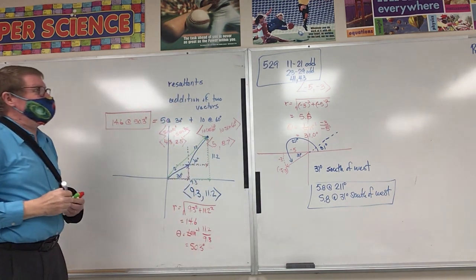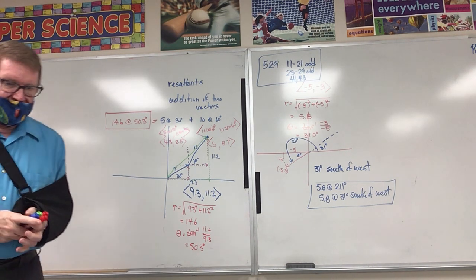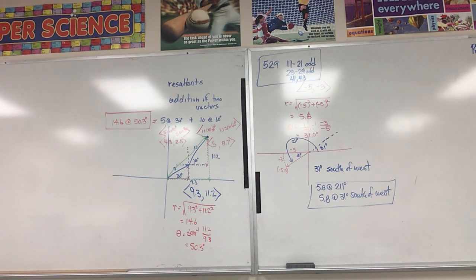So 529, 11 through 21 odd, 23 through 29 odd, and 41 through 43.